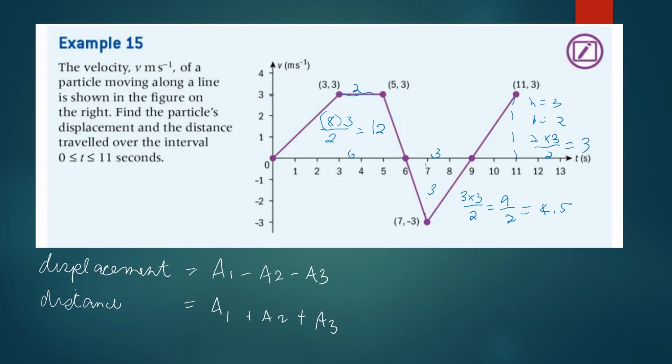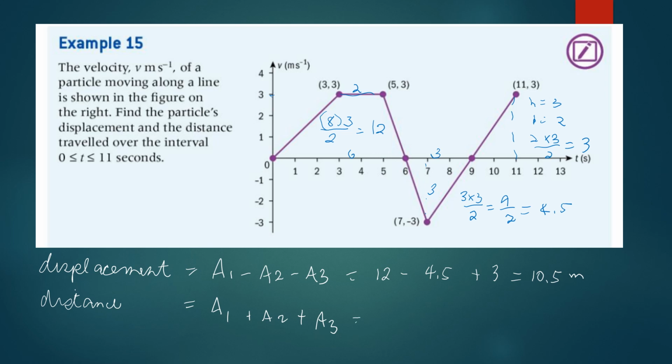Okay, going back to this one, we have 12 minus 4.5 plus 3. So that's going to be 15 minus 4.5 is 10.5. That's a displacement in meters.